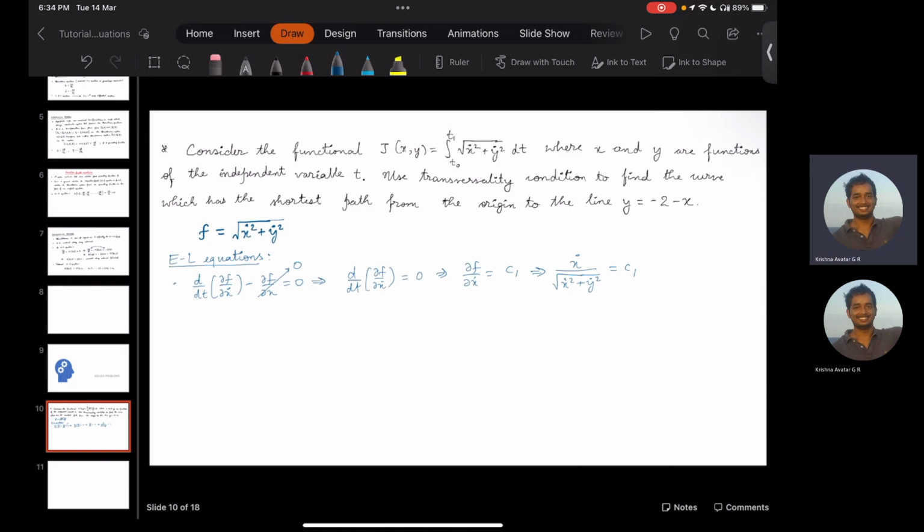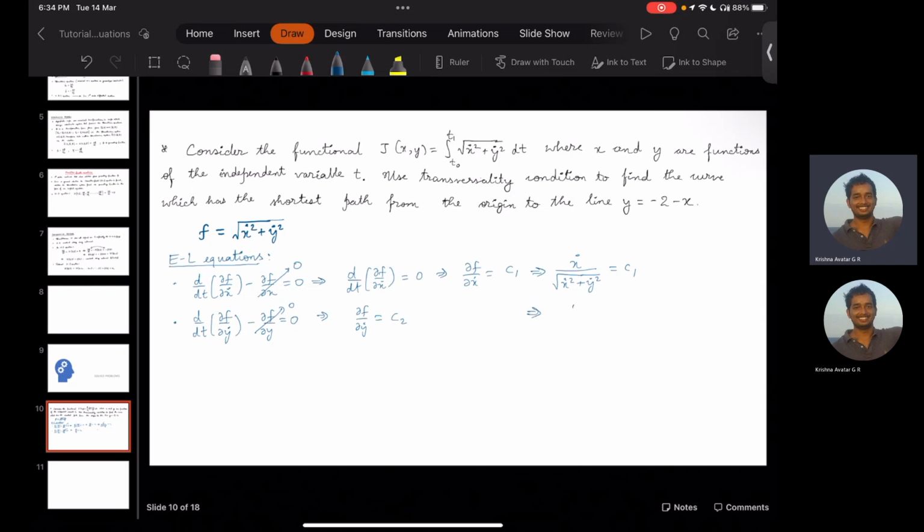And now the second Euler-Lagrange equation, which is d by dt of del F by del y dot minus del F by del y is equal to 0. So similar to the previous Euler-Lagrange equation, this is also going to be 0, and then we'll just have del F by del y dot equal to some constant c2.